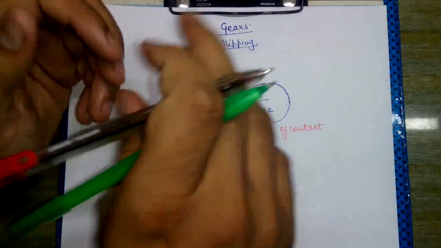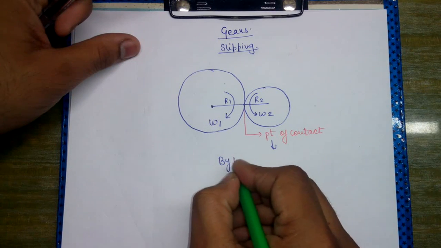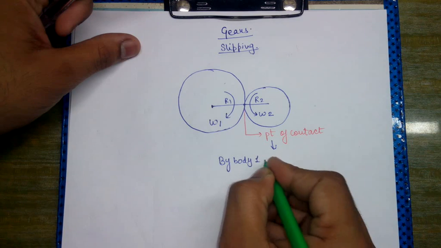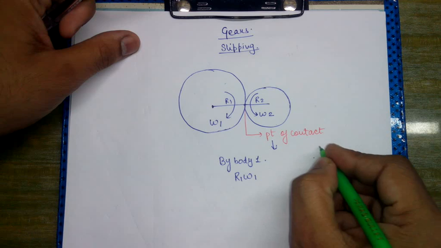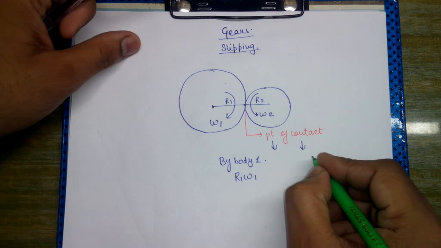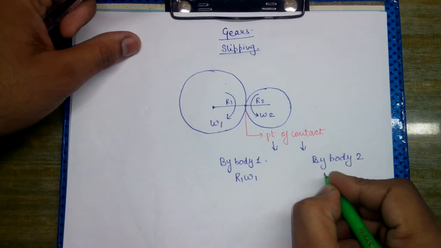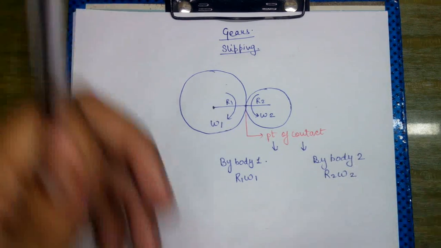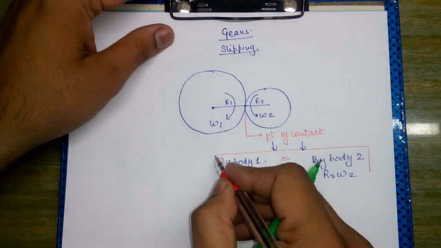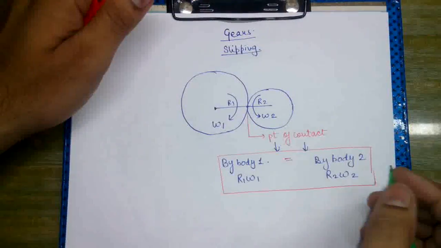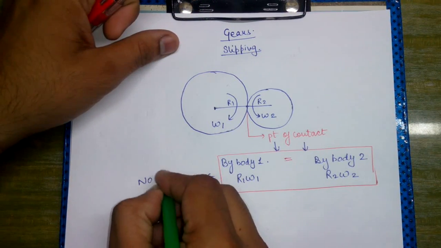At the point of contact, by body 1 we have r1 omega 1, and by body 2 we have r2 omega 2, and these two quantities are actually equal to each other at the point of contact, and hence there will be no slipping.